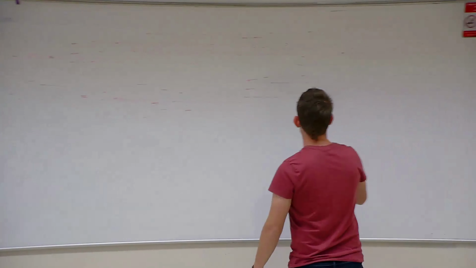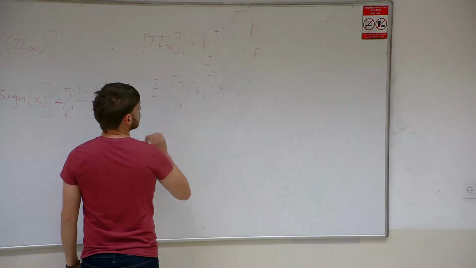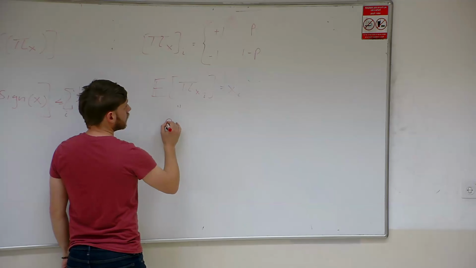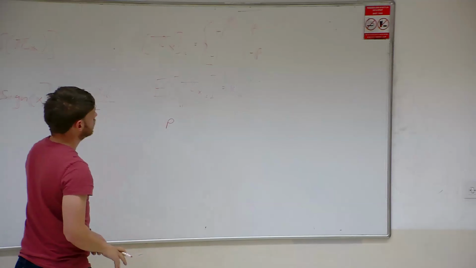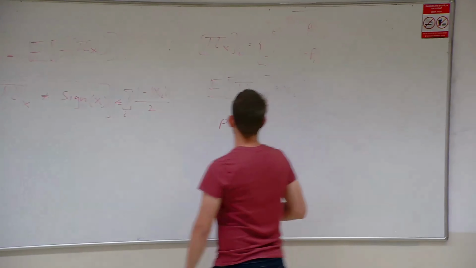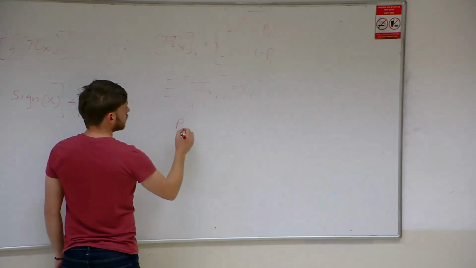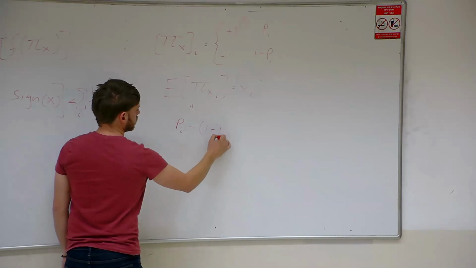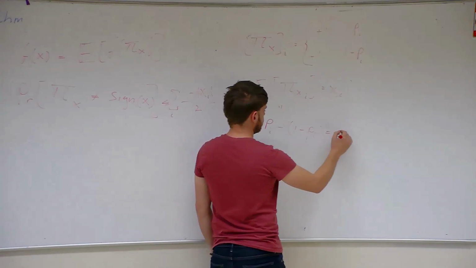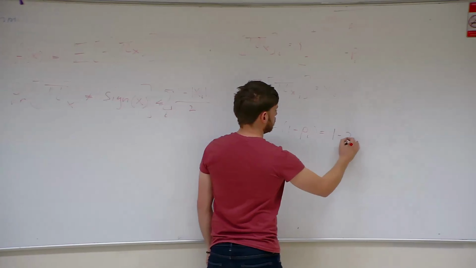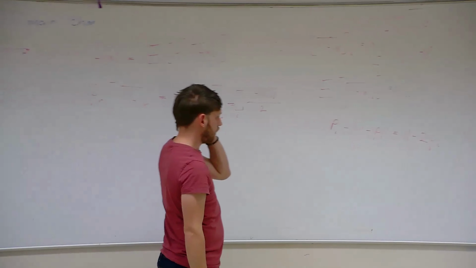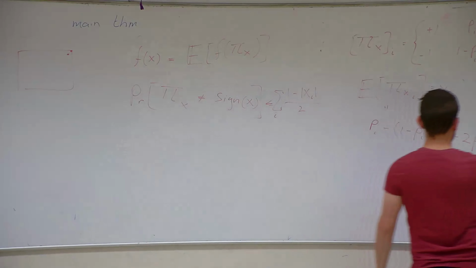Right? Because what is this? This is p pi minus 1 minus pi, equals 1 minus 2 pi. Equals xi.